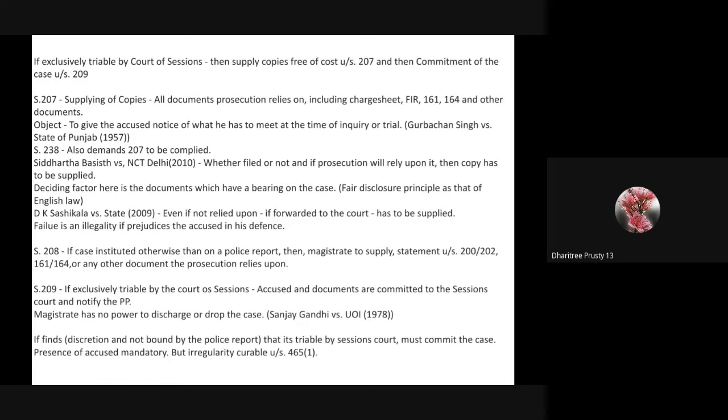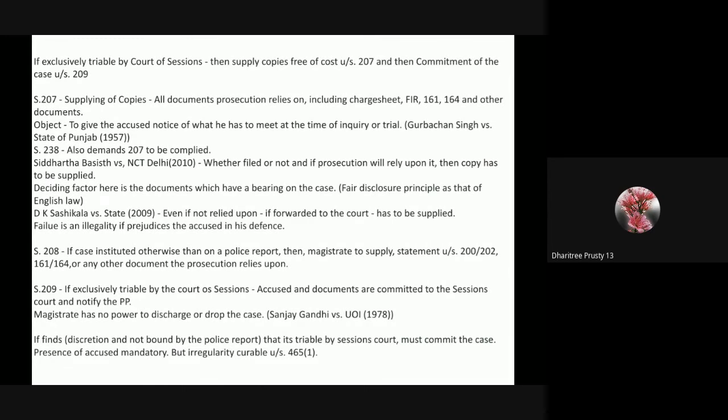Section 207 says that copies of all the documents that the prosecution relies on, including the charge sheet, 161 statements, 164 statements, first information report, and other documents like the post-mortem report or any injury report, or any such document the prosecution relies on, which are material for the accused to know what he has to meet at the time of inquiry or trial, have to be supplied to the accused.